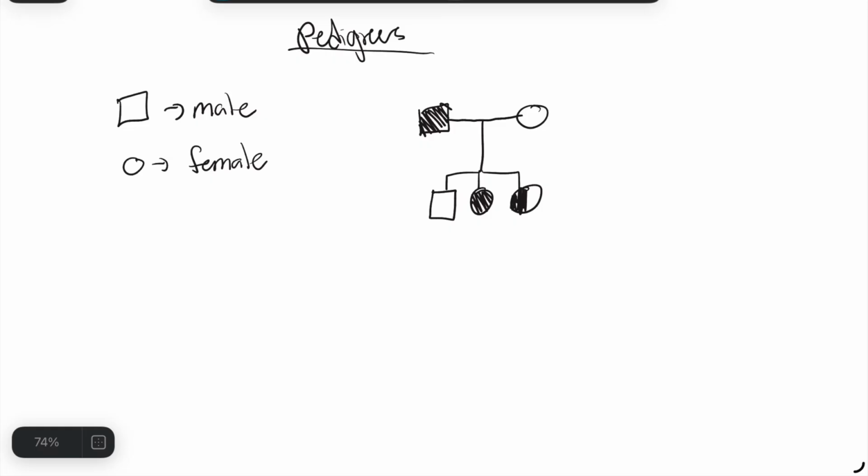After that, we want to see, is it primarily males? Is it only males? Is it males and females but at a disproportionate rate? Or are both of them affected at a somewhat equal rate? We also want to check if the trait skips generations. And then we want to assign the genotypes based off of what inheritance pattern makes sense.